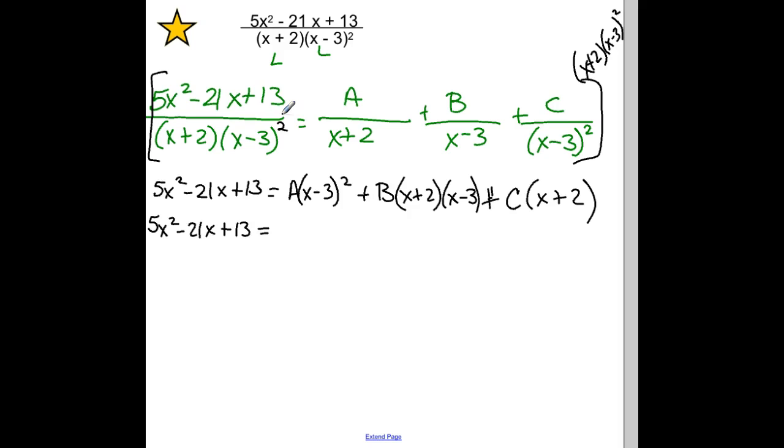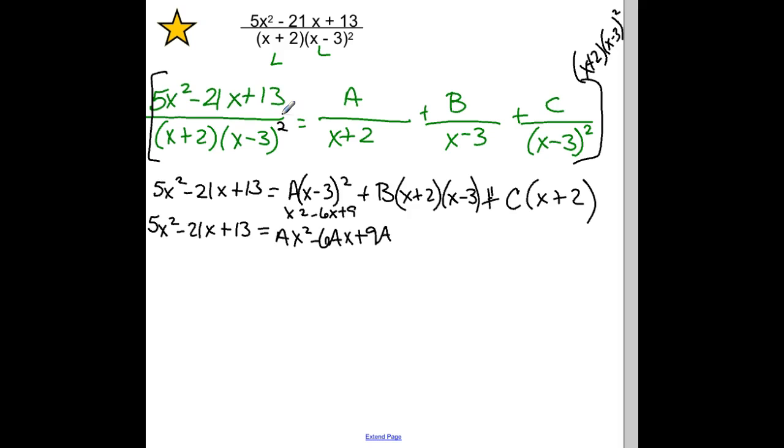Okay, so what happens if we take x minus 3 and square it? We get an x squared minus 6x plus 9. So now we have to times a to all of those. So we have an ax squared minus 6ax plus 9a. We good with that? Okay.